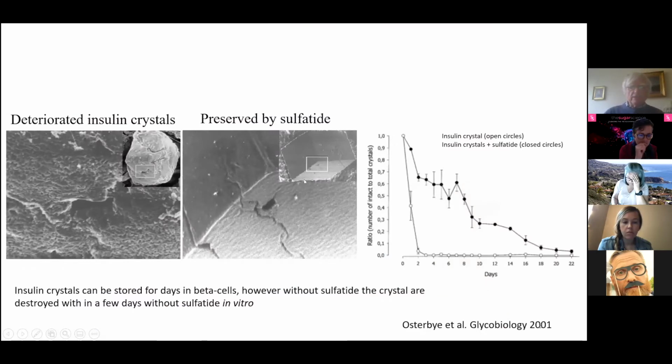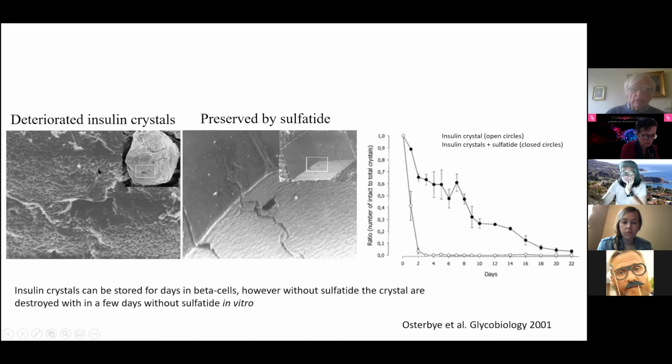Here we have taken an example in the laboratory and made insulin crystals. Insulin is stored in the beta cells as crystals. You can see a nice crystal here, and this is bigger magnification. This crystal can last for 2 to 3 weeks when sulfatide is present, like here.